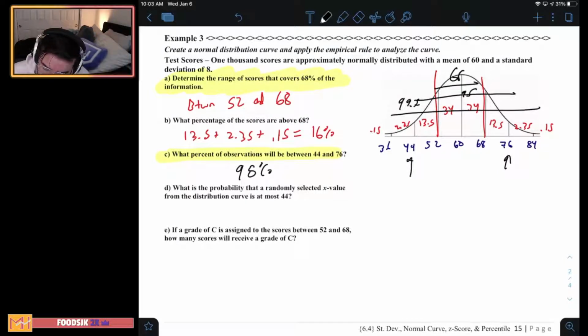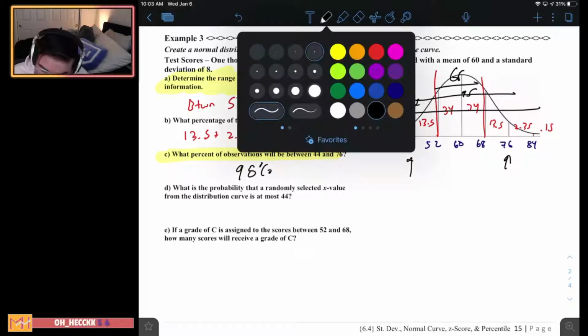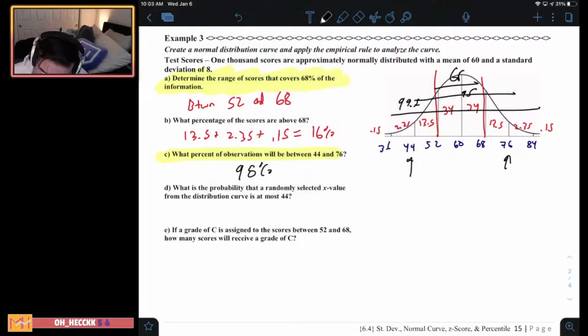What is the probability that a randomly selected x value from the distribution curve is at most 44? So we're kind of mixing topics here, but it's all the same. Percent chance and probability basically mean the same thing, as we saw in our probability lesson. So what is the probability of randomly selecting an x value that is at most 44?